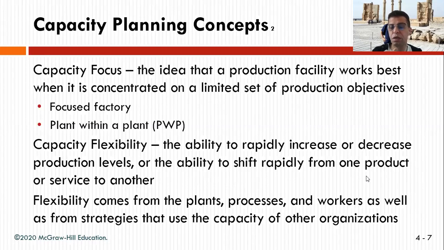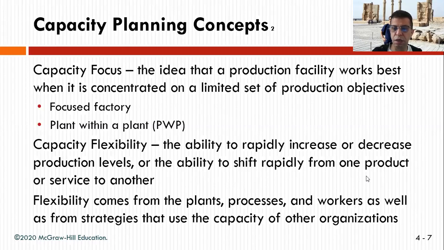The second way is how quickly and how smoothly you can increase your production from 100 pants per hour to 1,000, for example. So flexibility comes from the plant itself, the factory, the process, and the workers as well, because workers have to be multitasking in order to be flexible.